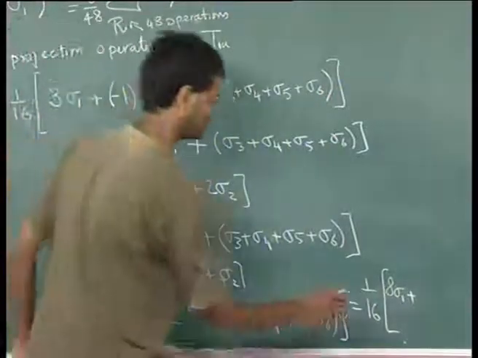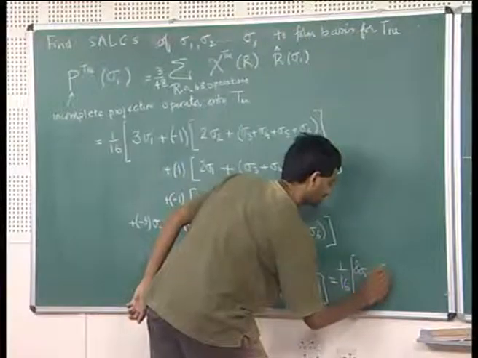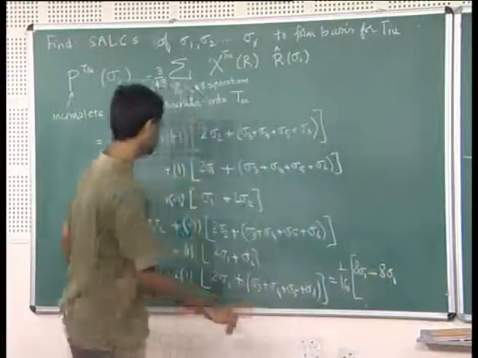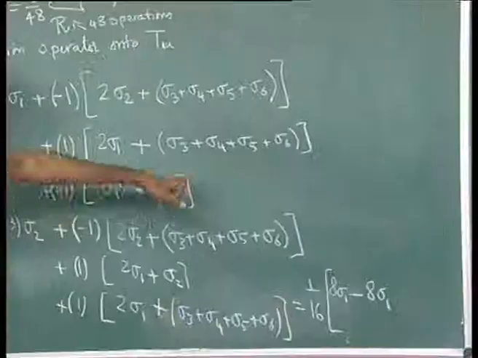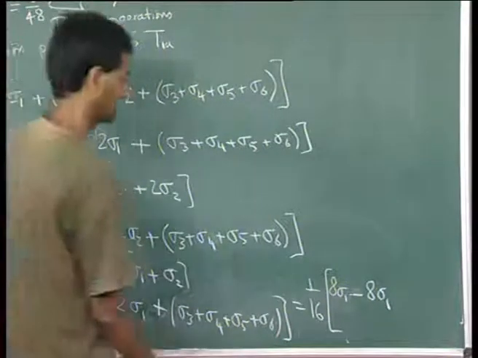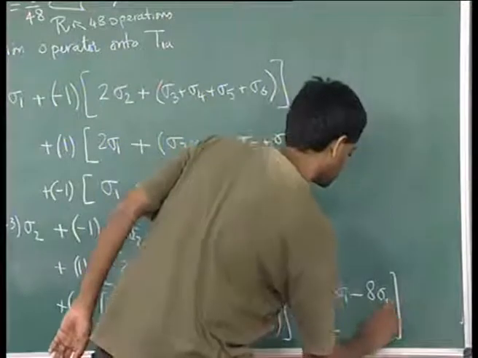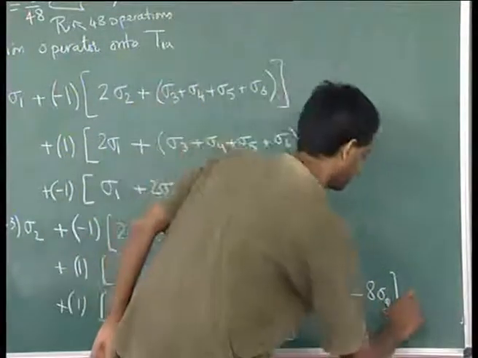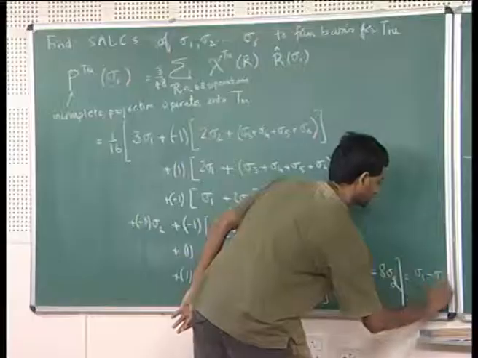So, it is minus 8 sigma 2. And then sigma 3 to sigma 6 have minus 1 plus 1, that is 0. So this is just sigma 1 minus sigma 2 by 2.